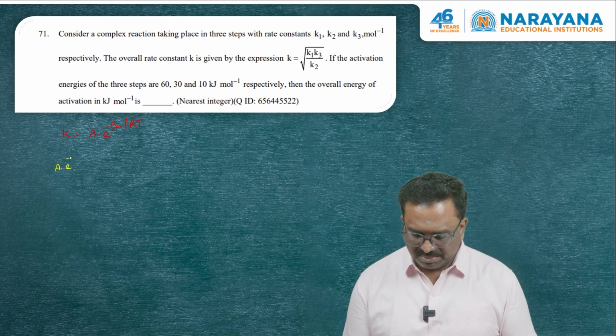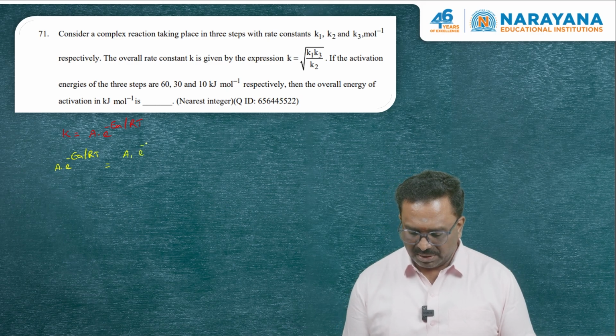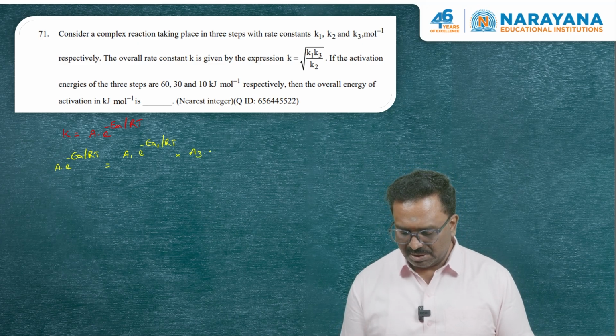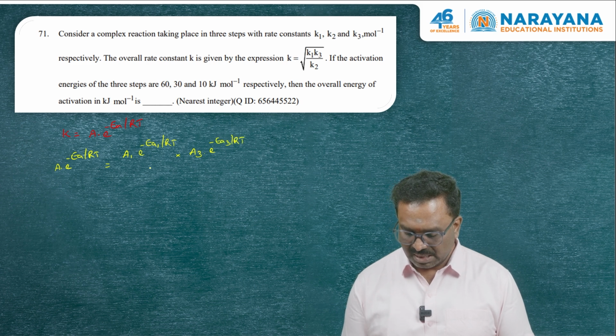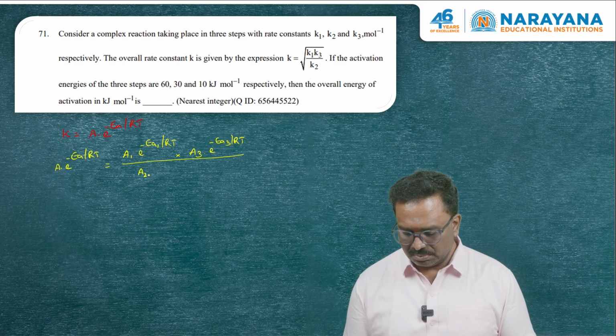A into e to the power minus Ea by RT is equal to K1, that is A1 into e to the power minus Ea1 by RT, into K3 was given, so A3 into e to the power minus Ea3 by RT, by A2 into e to the power minus Ea2 by RT, to the power whole, this is 1 by 2.